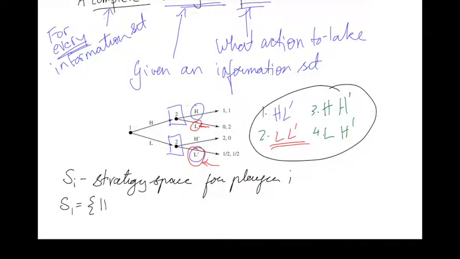There's only two different strategies, either H or L. S_2 consists of these four things: H L prime, H H prime, L L prime, and L H prime.